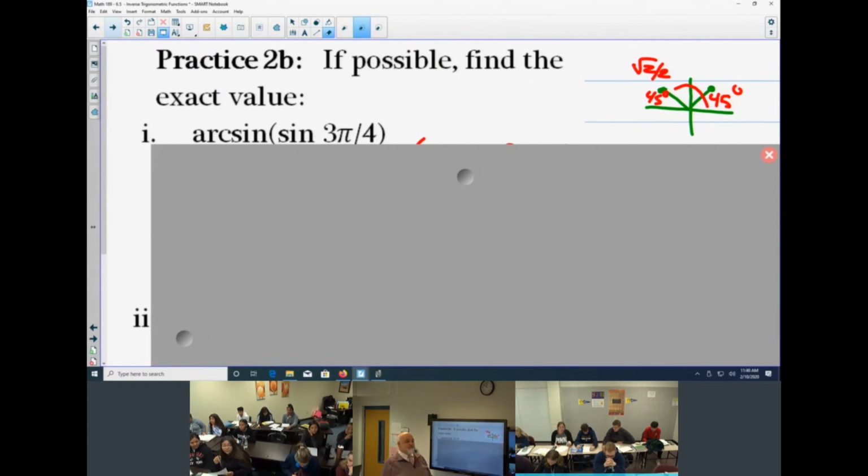Is it the square root of 2 over 2? Okay, the sine of 3 pi fourths would be square root of 2 over 2. And then what would be the inverse sine of square root of 2 over 2?